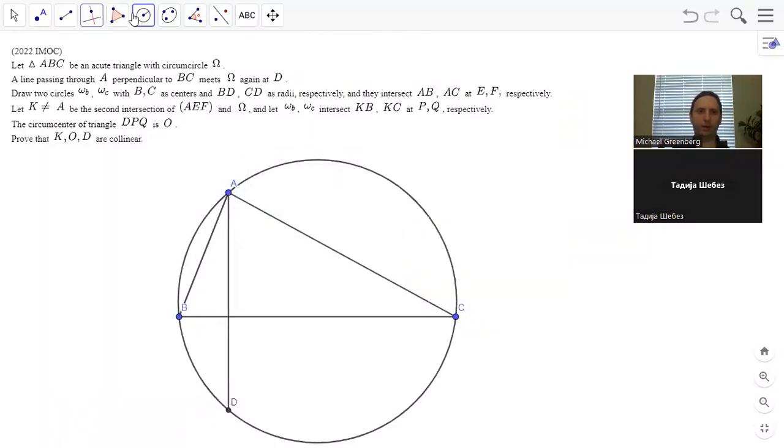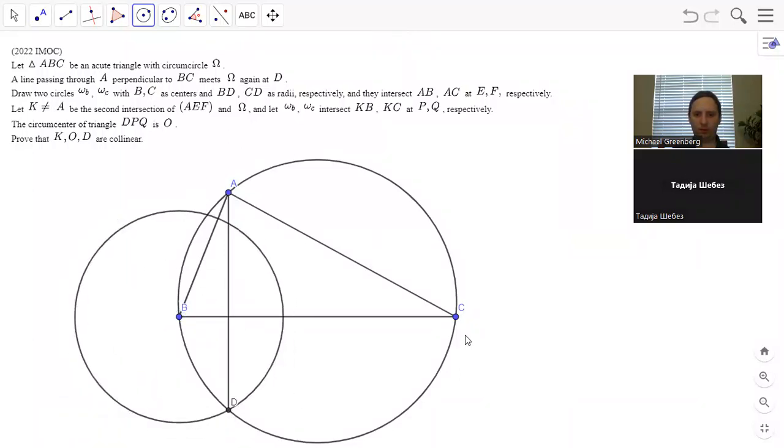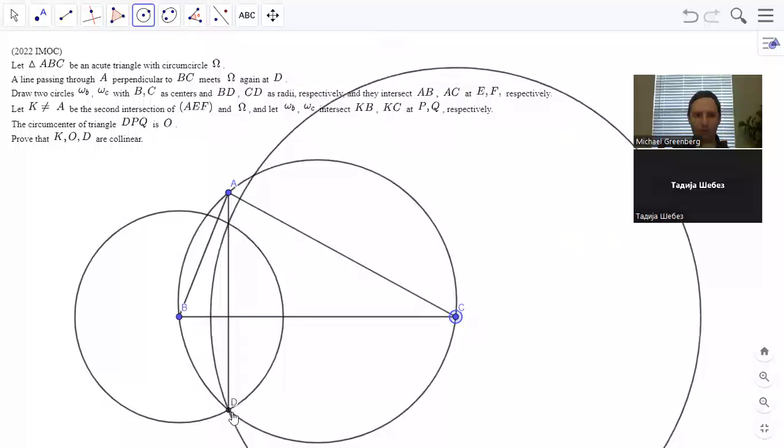We see where they intersect AB and AC. So we have this circle and this circle.